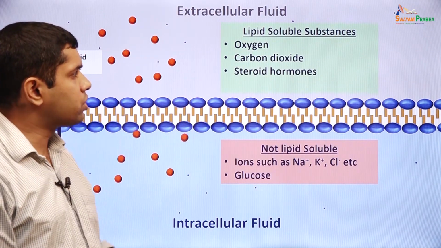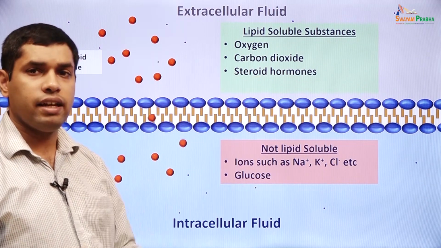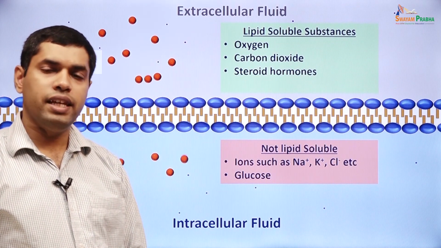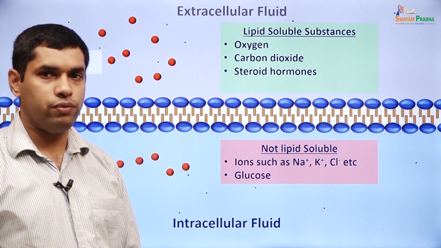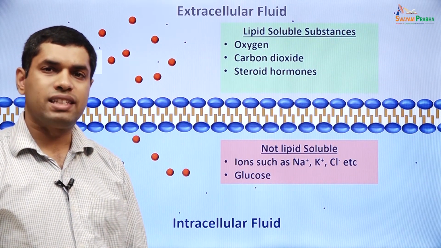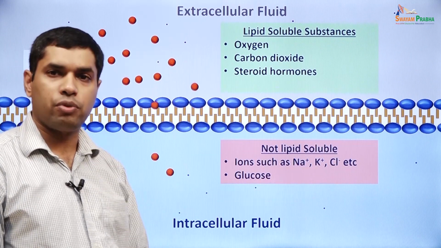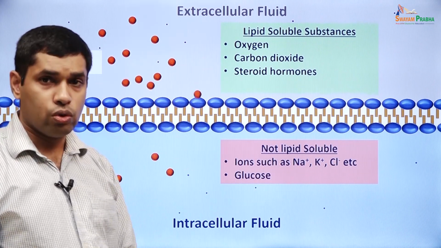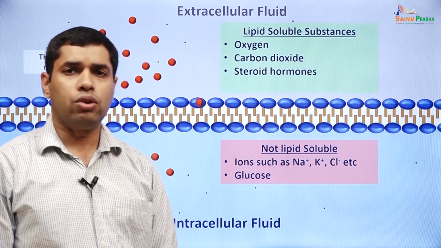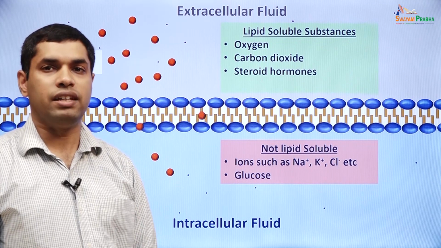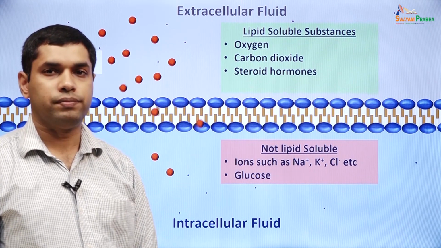Substances such as oxygen, carbon dioxide and steroid hormones are lipid soluble and they can pass through the membrane by simple diffusion. Whereas substances such as ions, sodium, potassium, chloride, etc., glucose, water, are not freely soluble in the lipid and they need some other mechanism to cross the membrane.